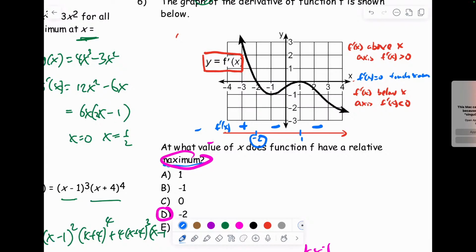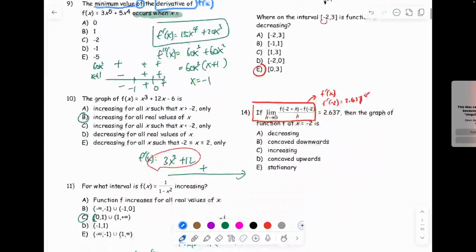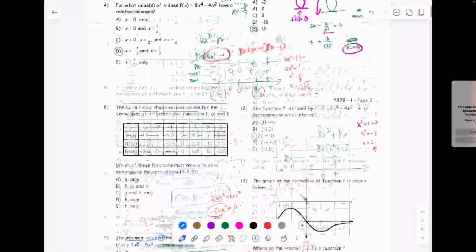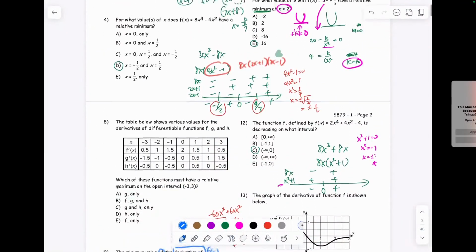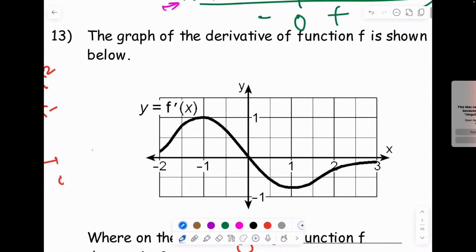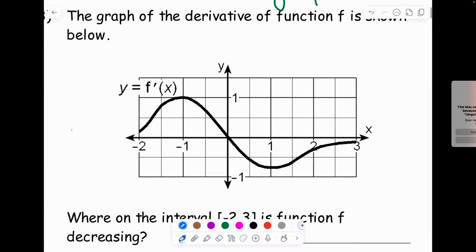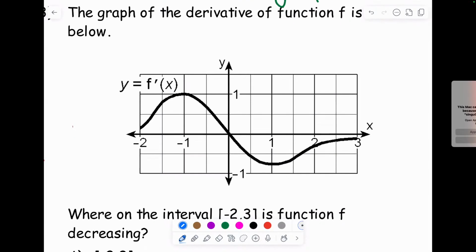Okay, next question. Sydney says, can you do 11, 12, and 13? Let's go to 13. Now you're going to answer this question with my way of showing you how to do it, and you can answer it fairly easily.